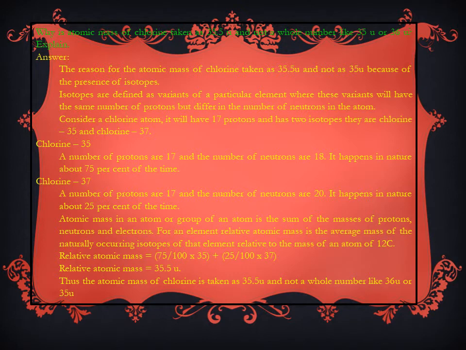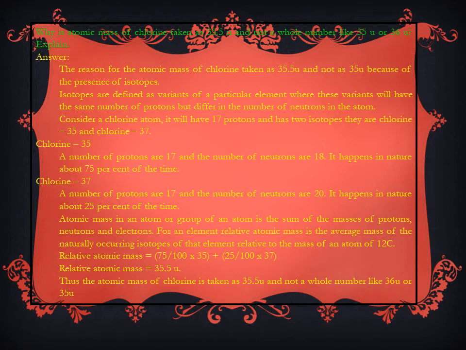The first one is chlorine 35, its percentage is 75%. So that's 75 by 100 into 35, plus the second one, chlorine 37, its percentage is 25. That's 25 into 37 by 100.